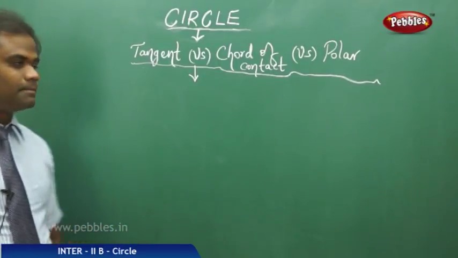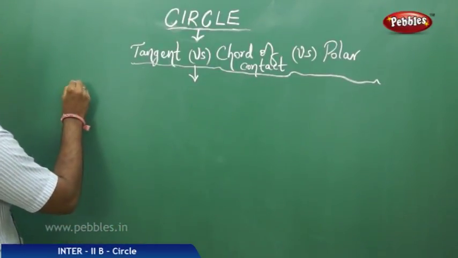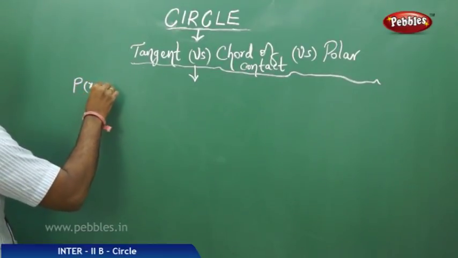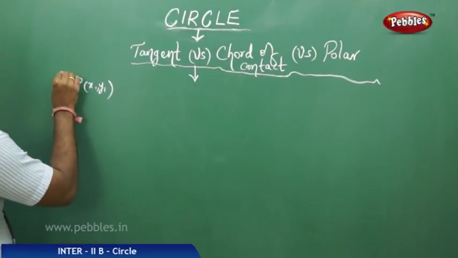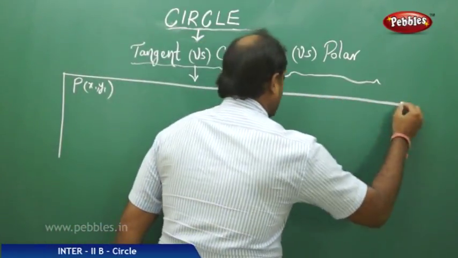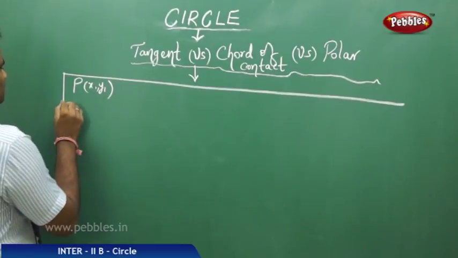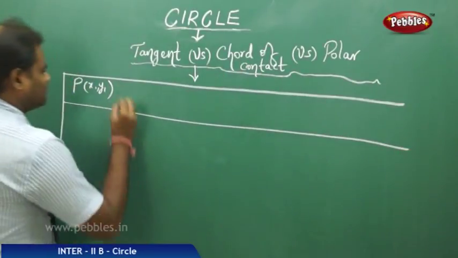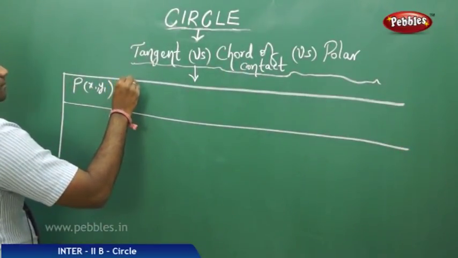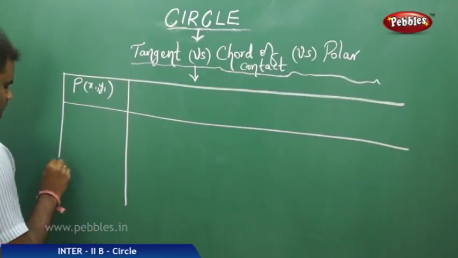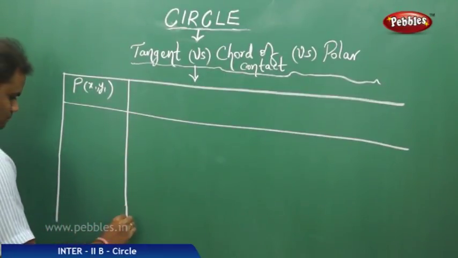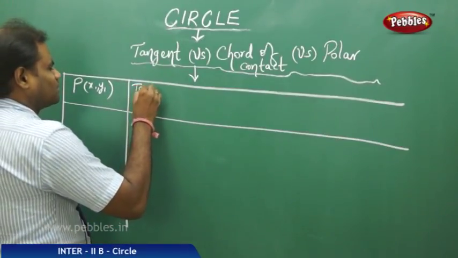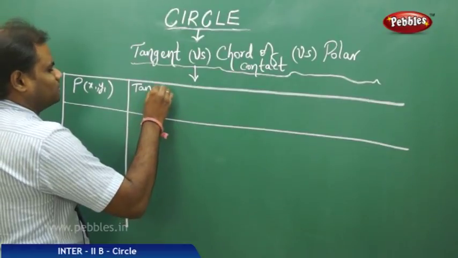exterior of the circle. So with the table which has the point P, x1, y1, which comes in the first row, and next I have the tangent at P, which I take in my second column.